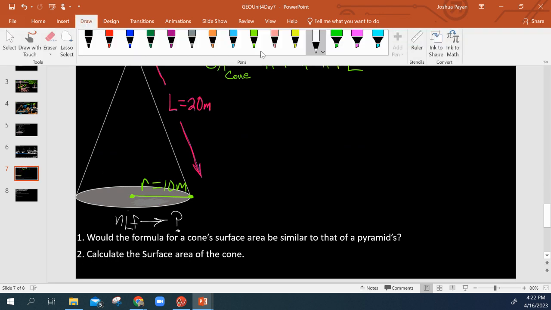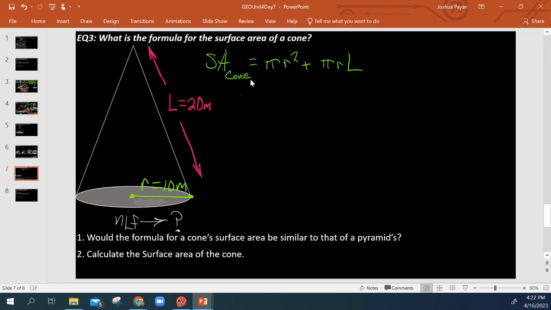So in this video, we're briefly going to talk about how to calculate the surface area of a cone. That would obviously be this formula here. Again, this is very similar to the surface area of a pyramid.